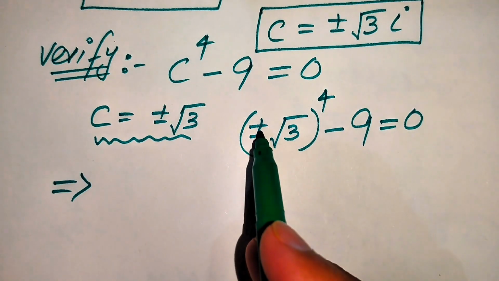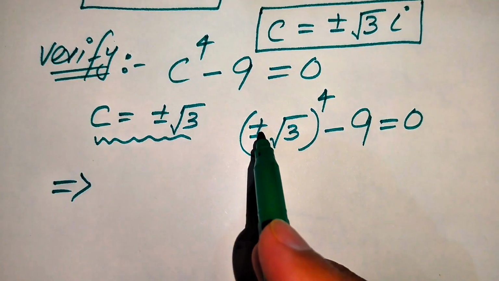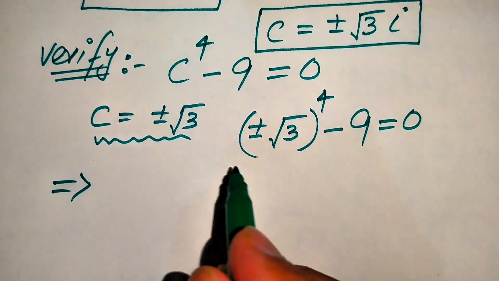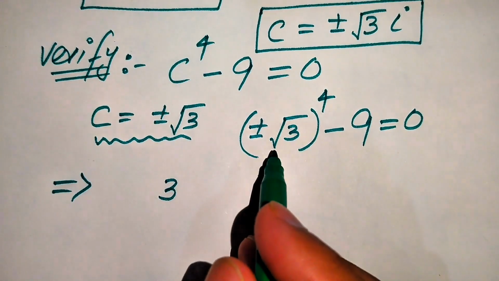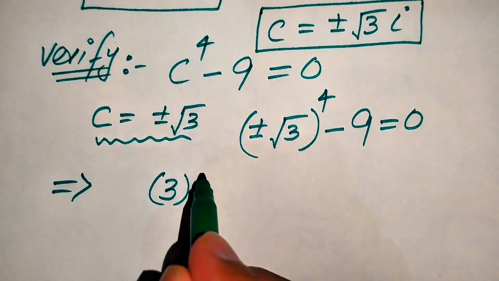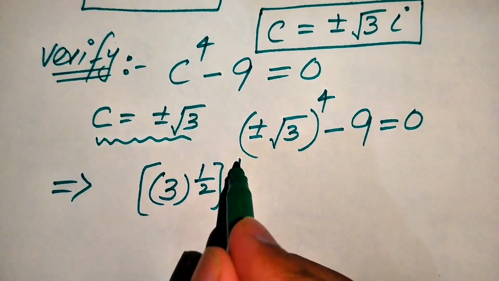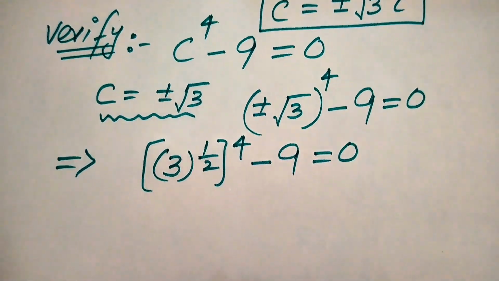So the plus sign after taking the fourth power stays plus, and when you take the 4th power of the negative term you also get plus, and here we will obtain just 3 to the power of 1 over 2, and its whole exponent is 4, minus 9 equals 0.